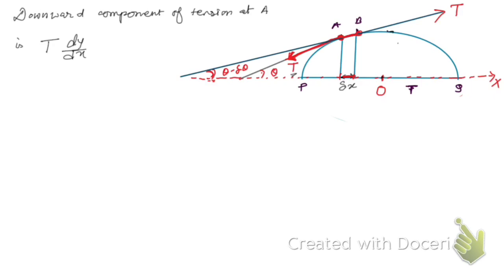Now, the rate of change of the slope with respect to the length of the element. Here you see the slope at this position and the slope at this position will be different at A and B, as we are getting two tangents, this one and this one. So dy by dx will vary along the length of the element, right?